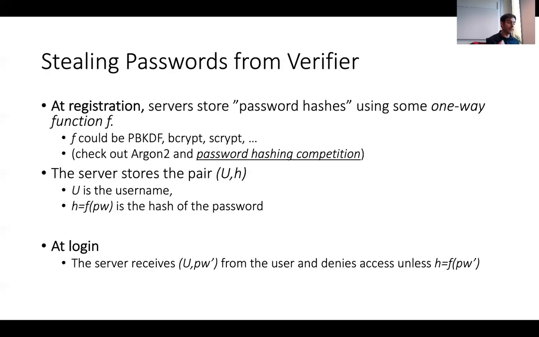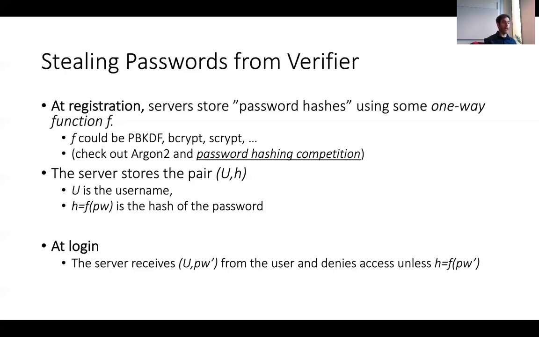And here is the whole problem of password hashing. Hash functions are easy to compute and hard to invert, but they're hard to invert on random inputs. They're not necessarily hard to invert if the input is of low entropy. Why is that? Because of course, given the hash of a password, or given the hash of any value, an attacker can simply do brute force on the value itself to verify its guess.